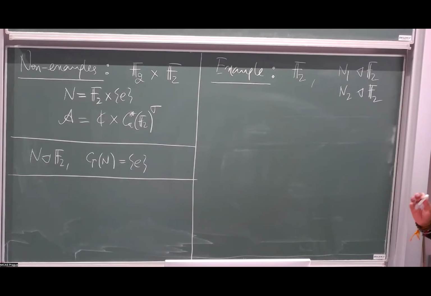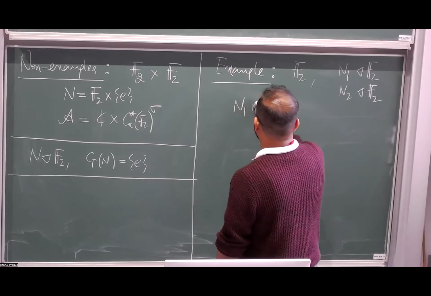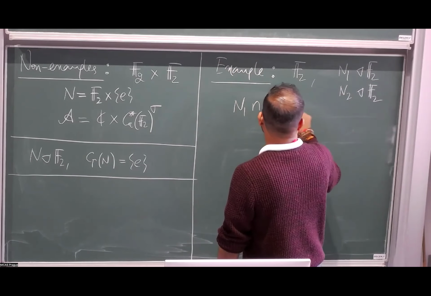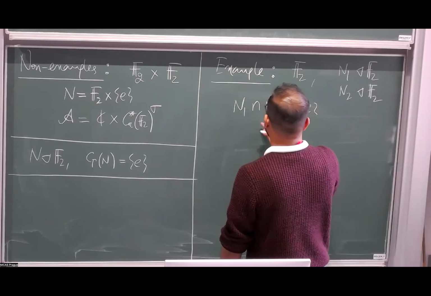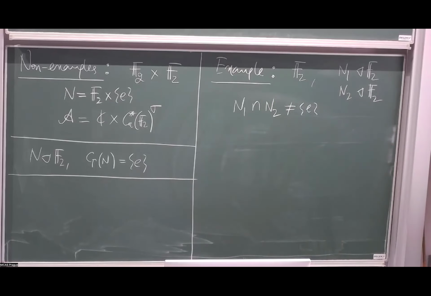So a priori we do not know that they are going to be disjoint or not, but I claim that this intersection is not trivial. This intersection is pretty big inside the free group. Now why is that?